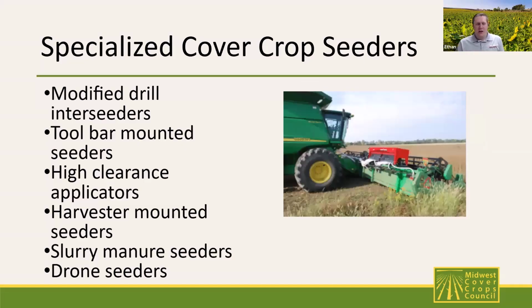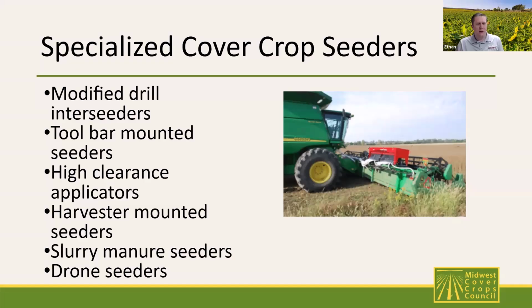Like Madeline mentioned, one specific timing we can get cover crops on and save a pass through the field is with harvest. So mounting that seeder onto the combine helps save that pass. We might slow down harvest just a little bit by having to fill that cover crop seeder as well. But we're seeing bigger and bigger tanks being added to these combines, where we can maybe go half a day to a full day without having to refill.